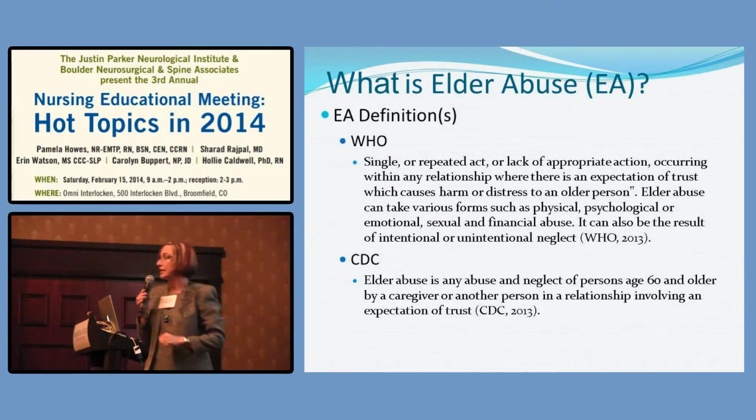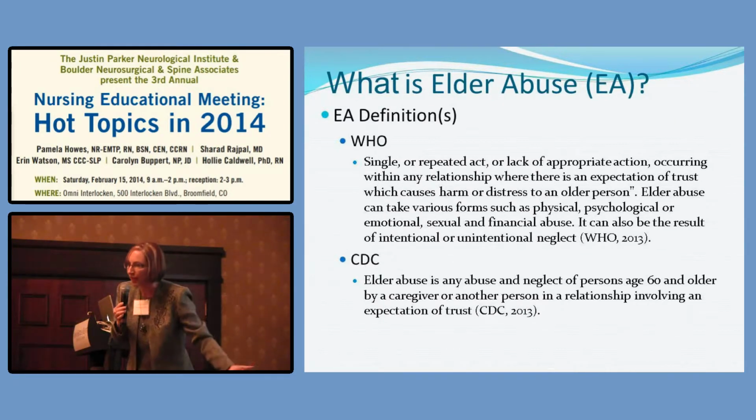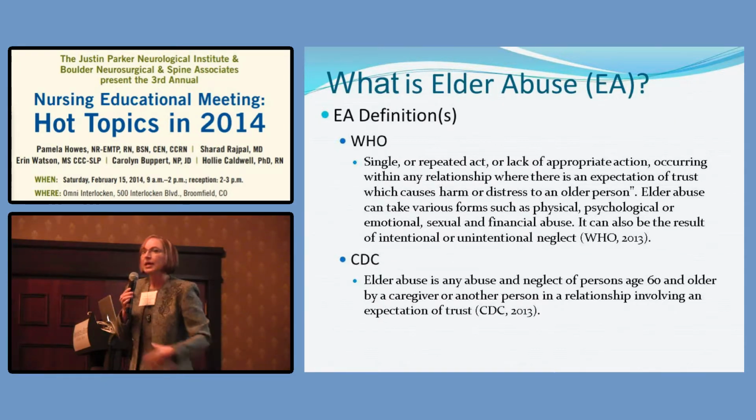And the CDC also provides us a definition. Now, what's different between the CDC and the World Health Organization is that the CDC, to try to help a sister out, gives us an age frame to at least pay attention to. And CDC defines elder abuse as something that occurs at 60 or older.